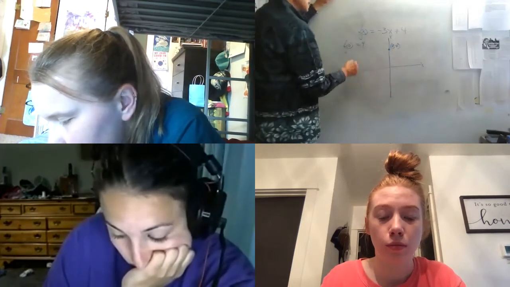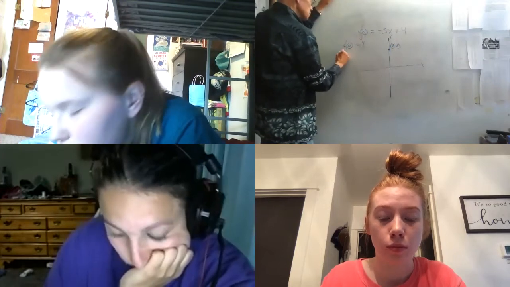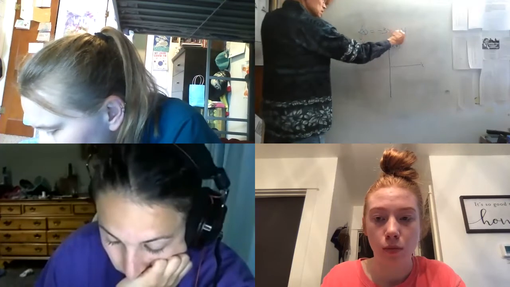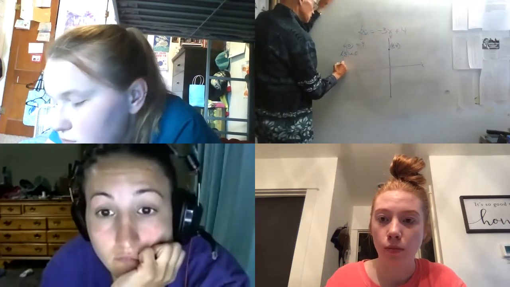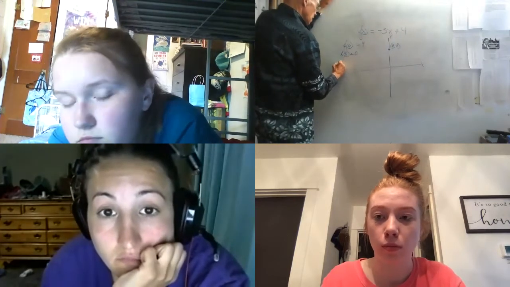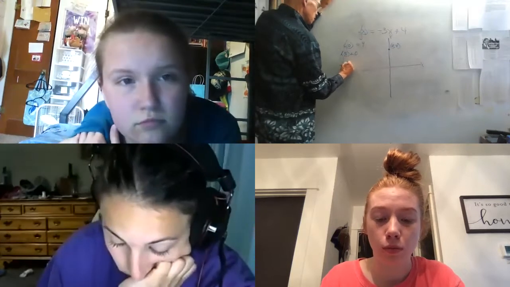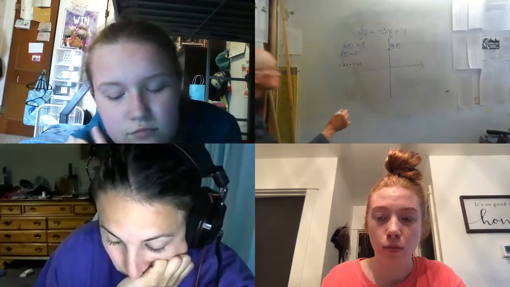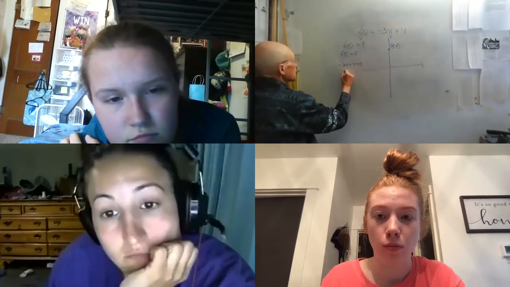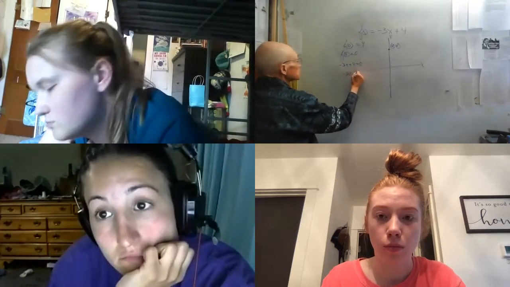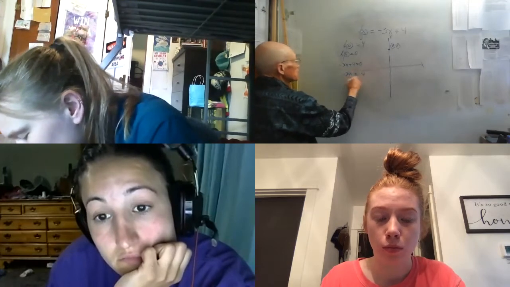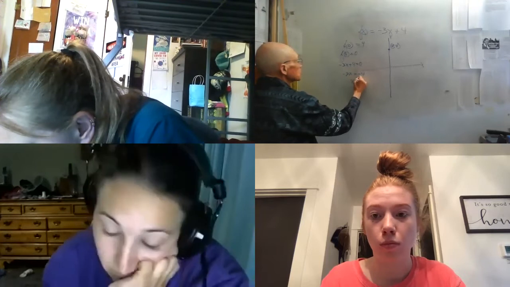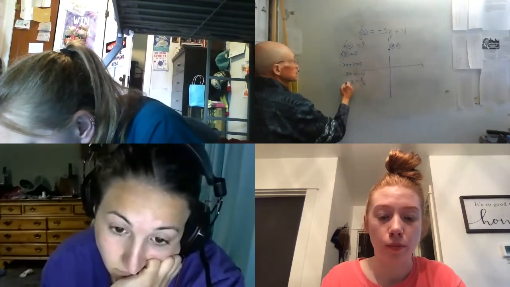And now f of x equals 0. Find the x-intercepts. That means this equals 0. Minus 3x plus 4 equals 0. Well, to solve that, we've got minus 3x equals negative 4. Dividing through by negative 3, we get x equals 4 over 3.